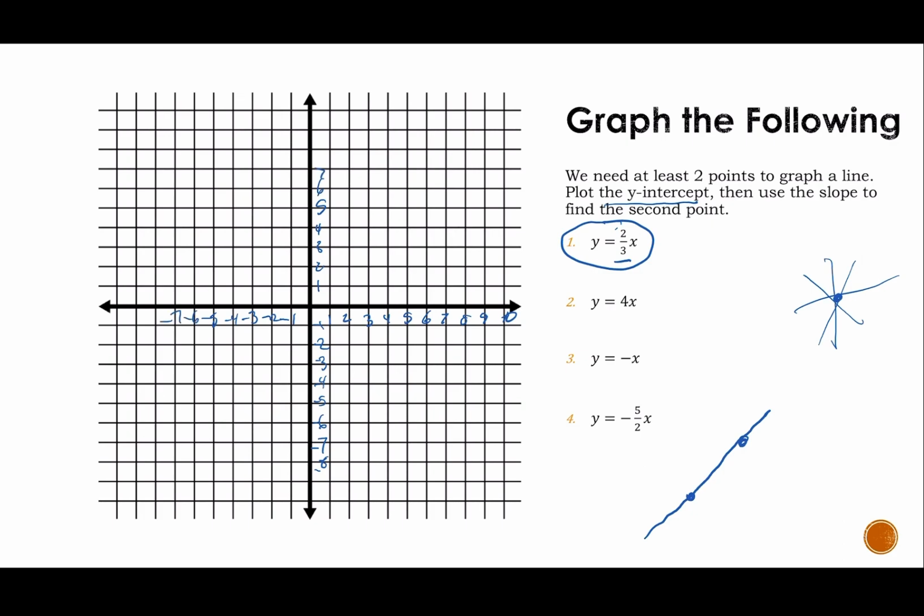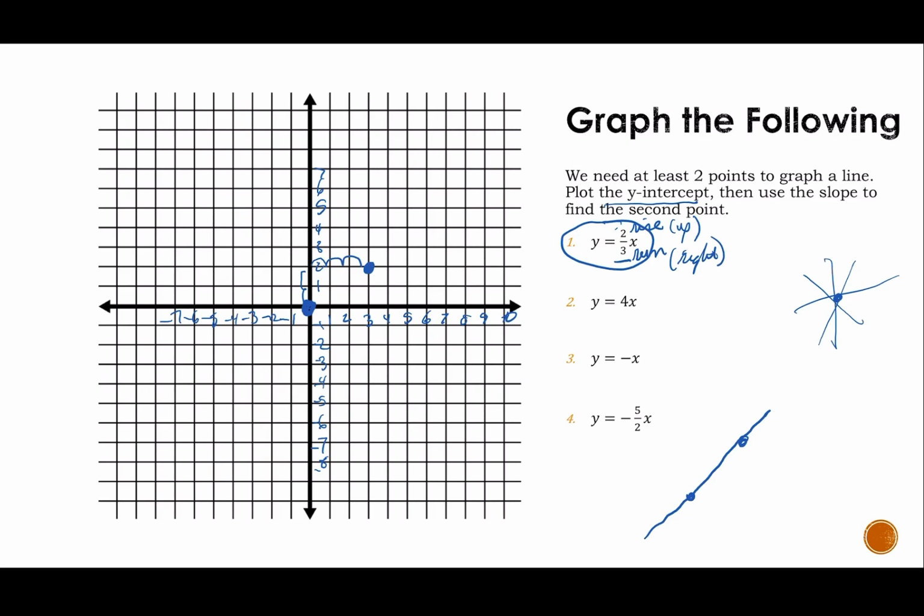Okay, so our first line has a y-intercept of 2 and a slope of 2/3. Wait, the slope is 2/3, so that means I've got a rise of 2 and a run of 3, right? Because 2 is my change in y. Rise is up, run is to the right. So here I've got my y-intercept. I'm going to go up 2 and then over 3. So I found a second point on that line.